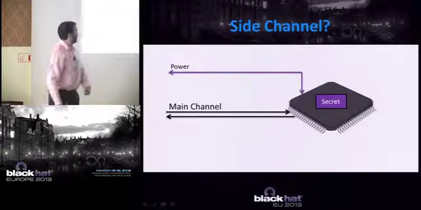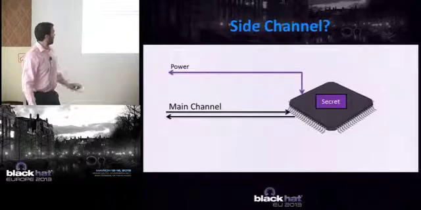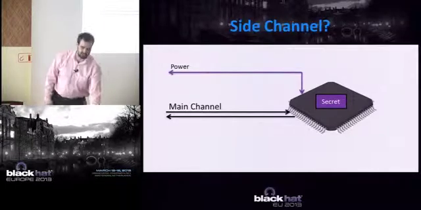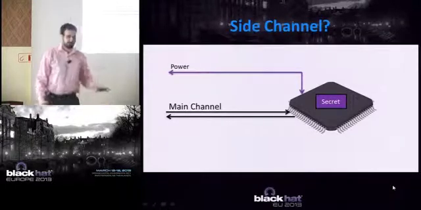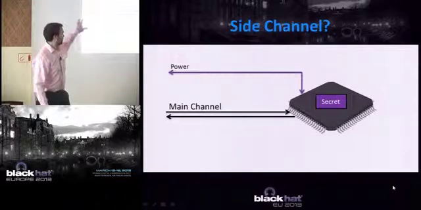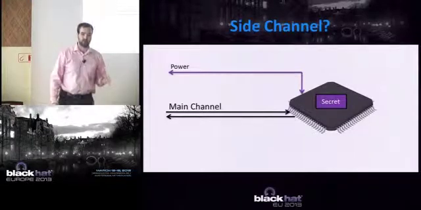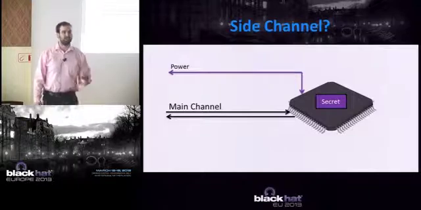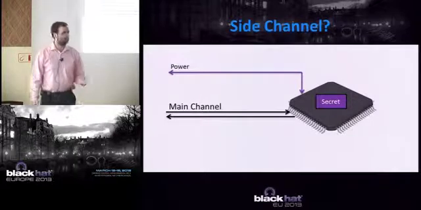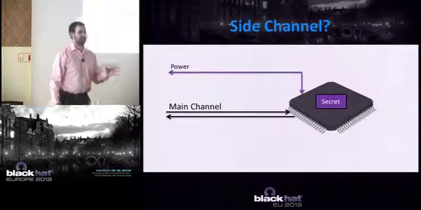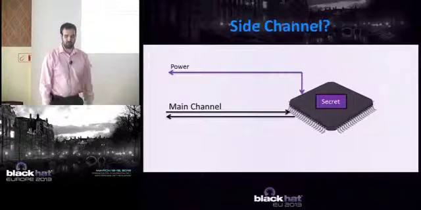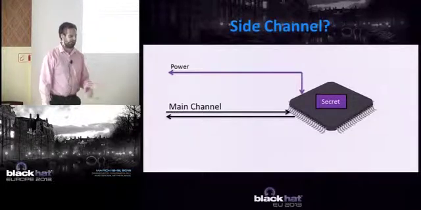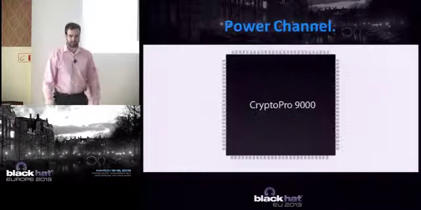The device also takes power, and this is where we get this power side channel. So over this additional channel, over this other information, we're going to learn something about the secret in the device. Using the main channel, you're not supposed to be able to learn anything about the secret. That's the whole point. But using this side channel, in this case power, we can.